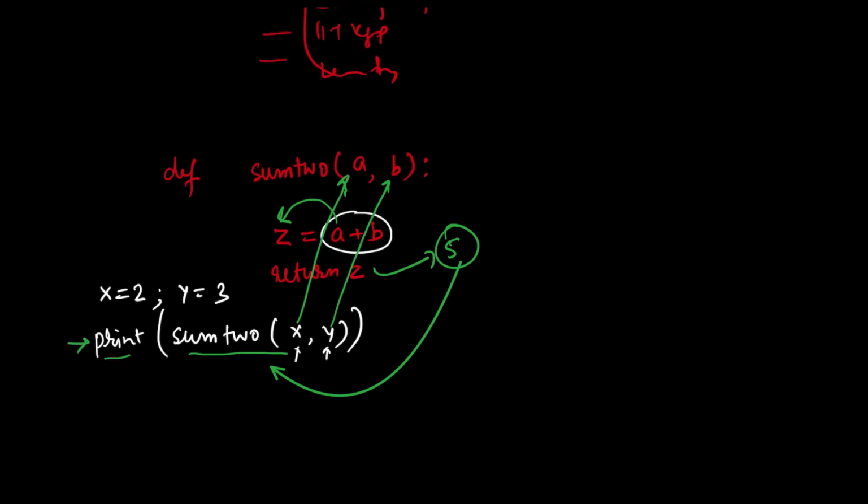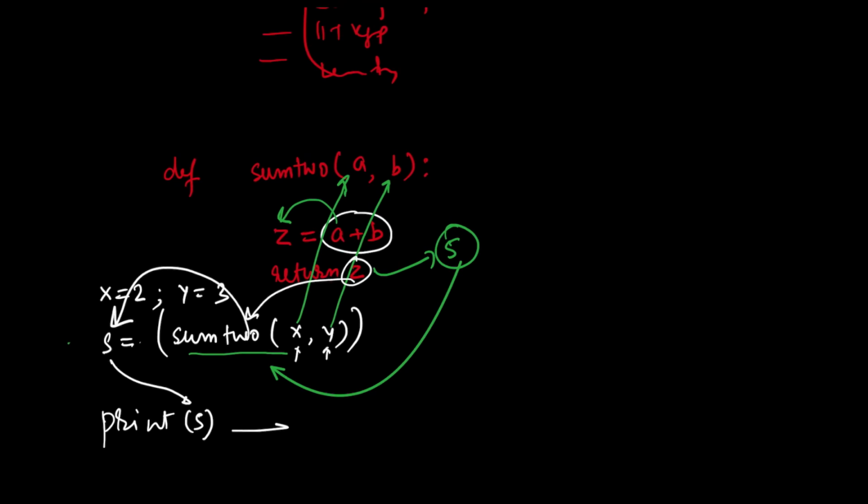Or in another way, we can perform the same operation like this also. We can assign one variable here, and then we can print that variable. So once we get this z value here, it will get stored in s, and finally s will get printed. There are various ways of doing this. Let's see on the console how it actually works.